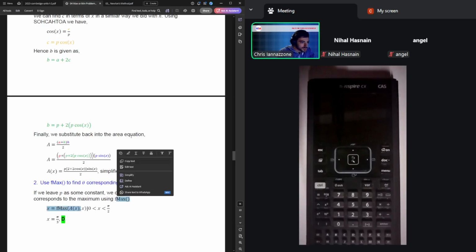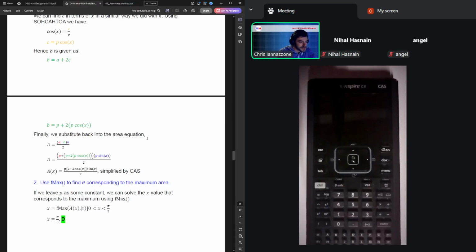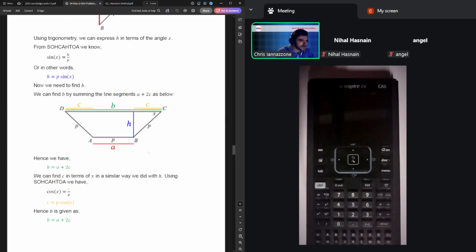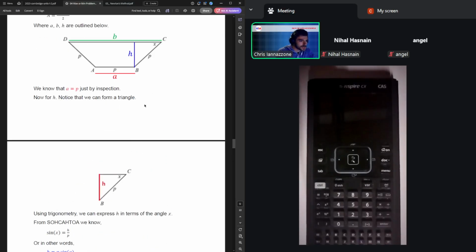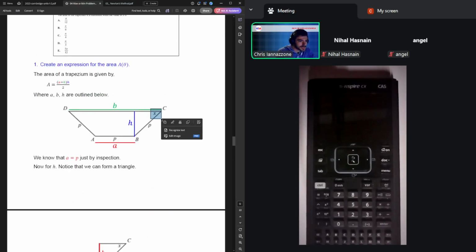Then from there, you just Fmax, or you could even do derivative 0 or something to that effect. As for the domain, where that one came from, if you look at how the trapezium is set up, you're basically limited between 0 and 90 degrees. If you had 90 degrees, it would be a rectangle at that point.